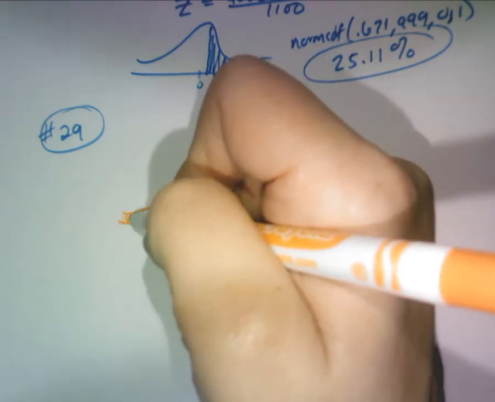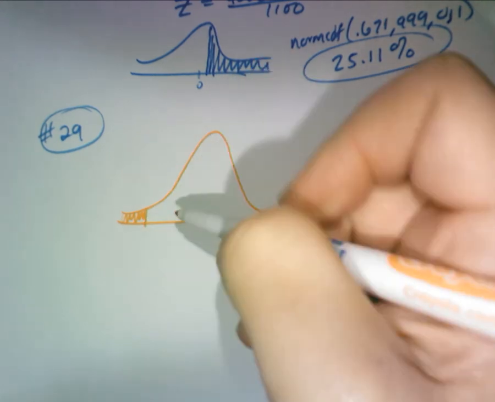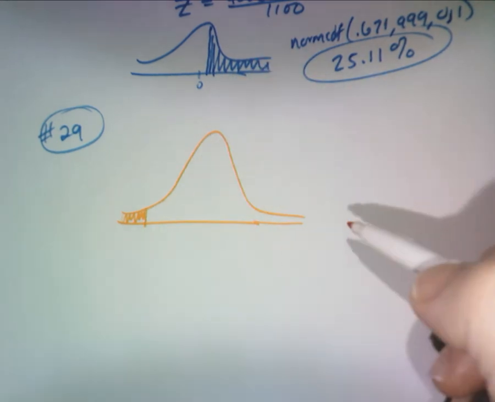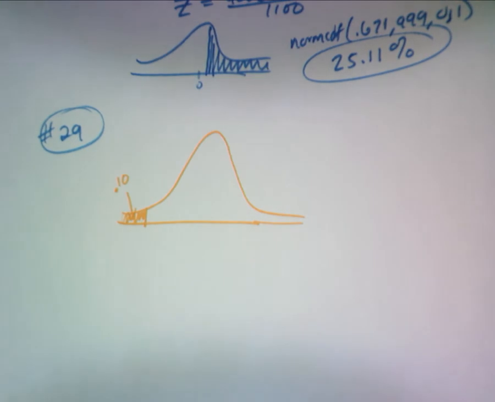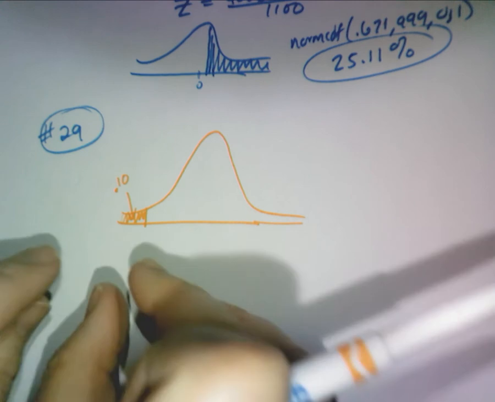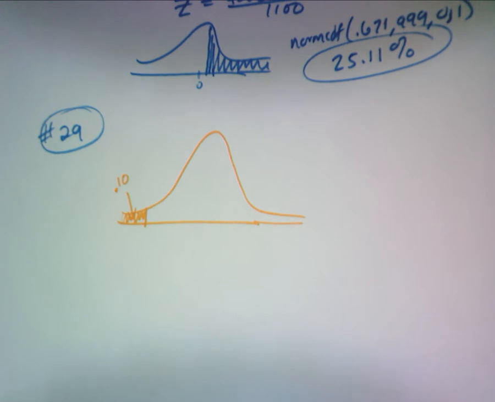Because I don't want to exchange more than 10%, meaning I want 90% of the time for it to work. I just want this little tiny portion here.